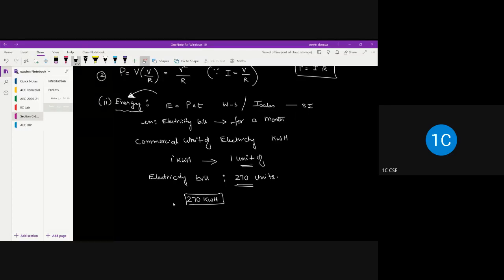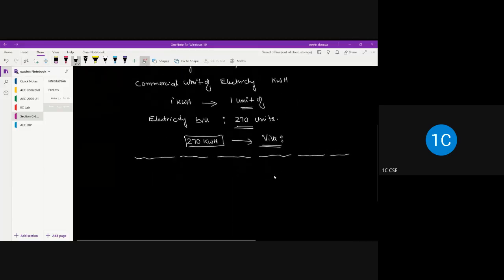So that is how we correlate the commercial unit of electricity with the SI unit of electricity. This can also be asked in Y1. They may ask you what is the commercial unit of electricity? It is kilowatt hour. Fine. So that's about the energy.